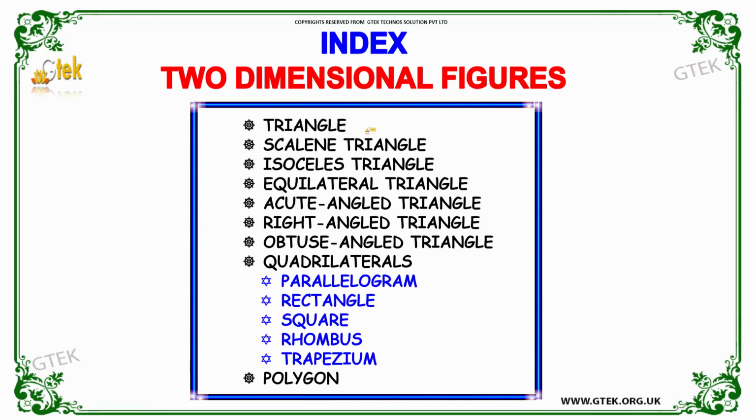We are going to discuss about triangle, scalene triangle, isosceles triangle, followed by equilateral triangle, acute-angled triangle, right-angled triangle, obtuse-angled triangle, and we will be discussing about quadrilaterals such as parallelogram, rectangle, square, rhombus and trapezium. And we will also discuss about polygon.